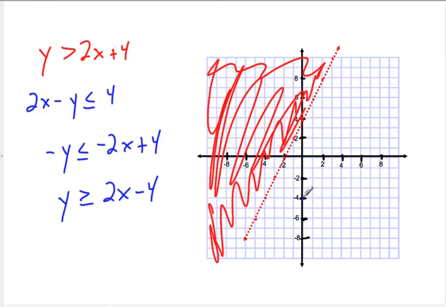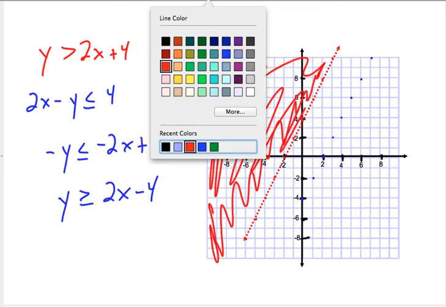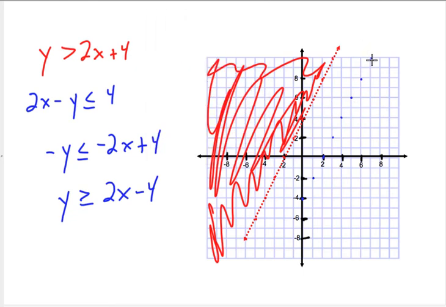And I'm going to plot the points. So -4, up 2, right 1, up 2, right 1, up 2, right 1, and so on and so on. Alright, so now that's going to be solid because it's or equal to. Let's make sure it's the blue one. Alright, so it goes somewhere like this.